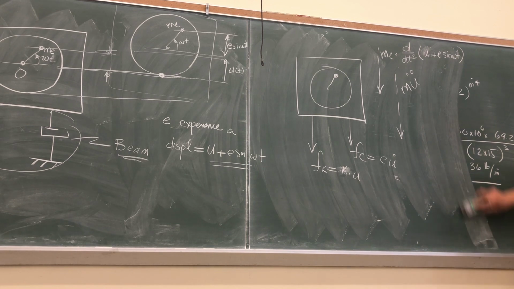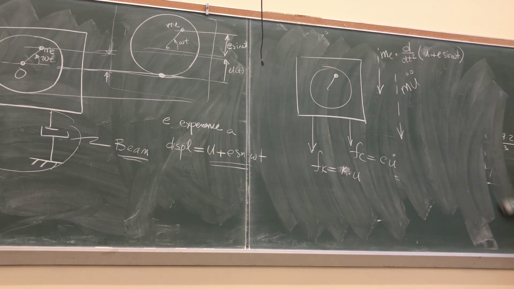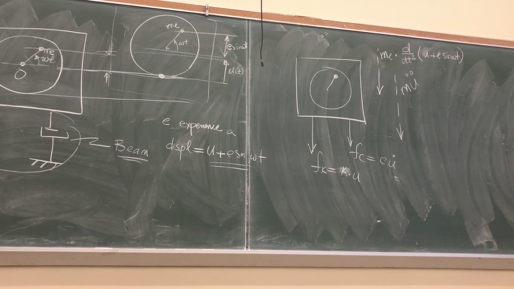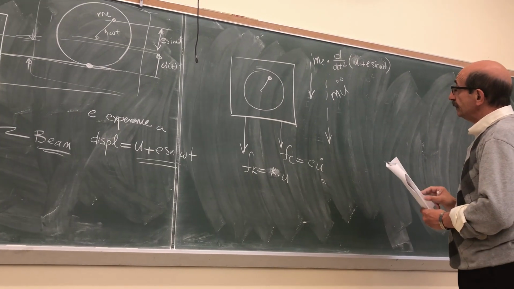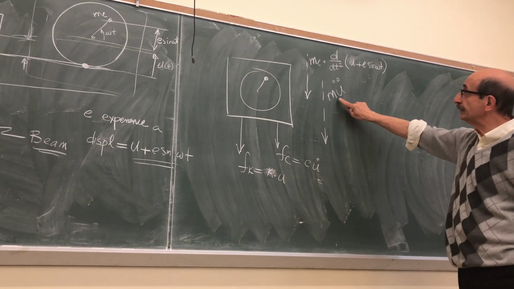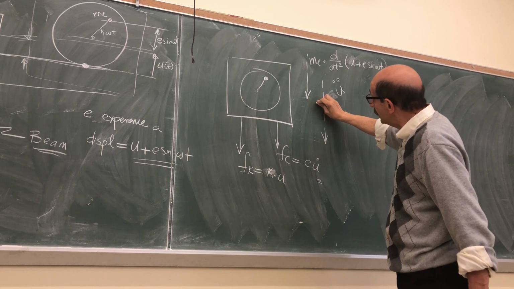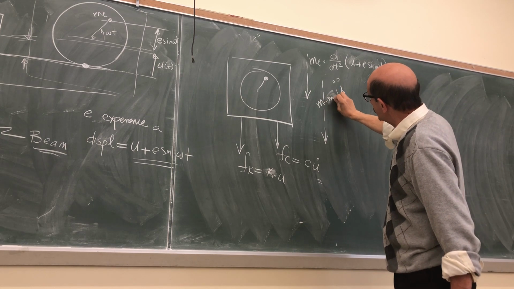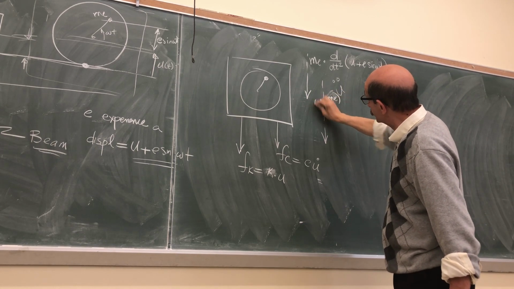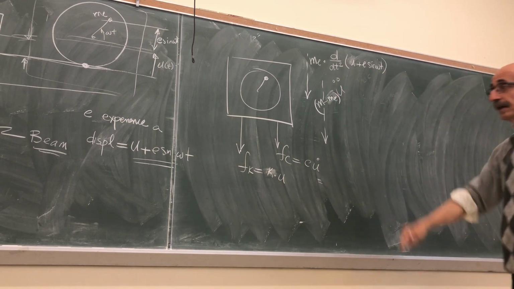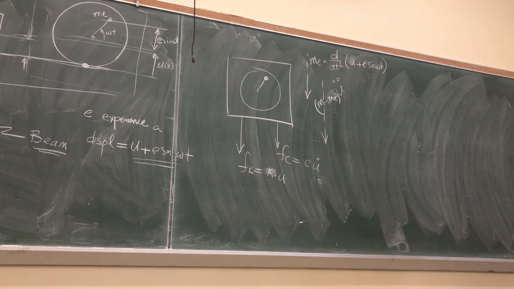So if this is the free body diagram, we can simply write the equation of motion. You have M minus M sub E, because I've already included that E part. So that's the mass of the remaining part of the structure.